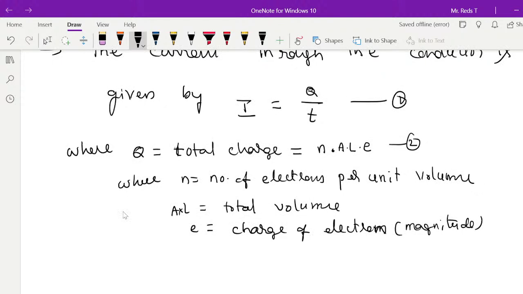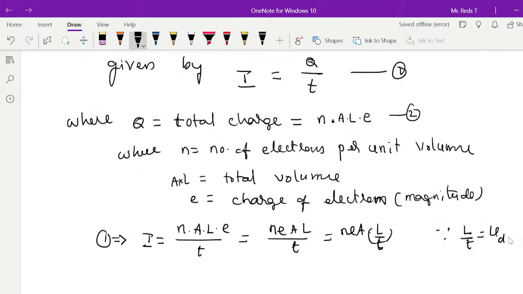So if you substitute that in equation 1, current I is equal to Q, which is n A L e, by T. This can also be expressed as n e A into L by T, which is the drift velocity.